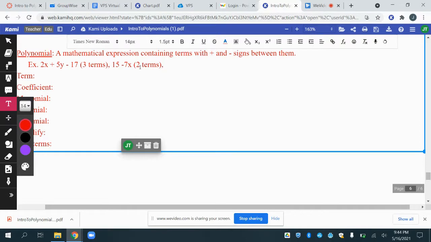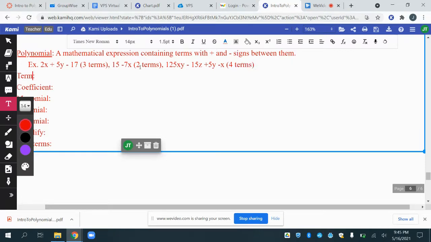Or you could have, I don't know, 125xy minus 15z plus 5y minus x. And you could do this for a long time.